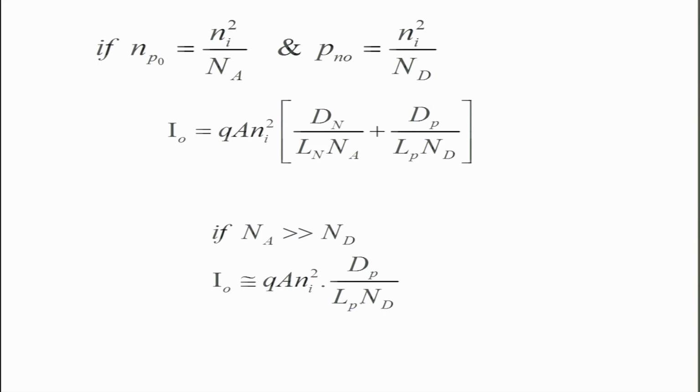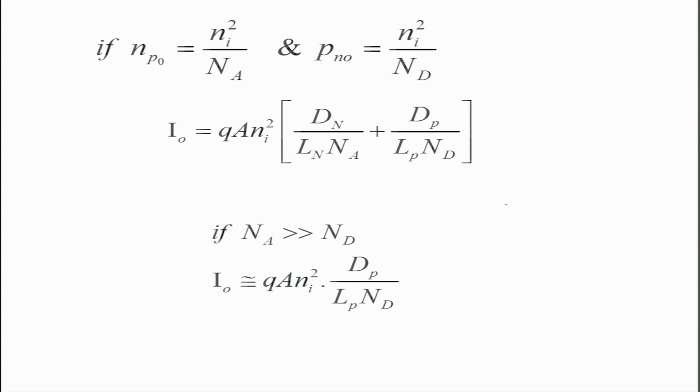So the reverse saturation current is governed by the hole diffusion length. If it was the other way around, with Nd much greater than Na, then I naught will be equal to qA Ni square into Dn divided by Ln Na. So this is the expression for current that you get.